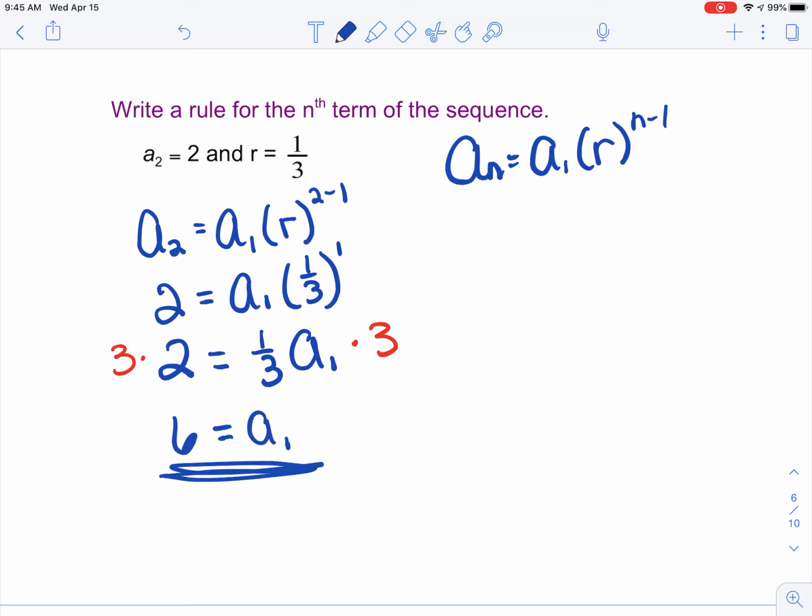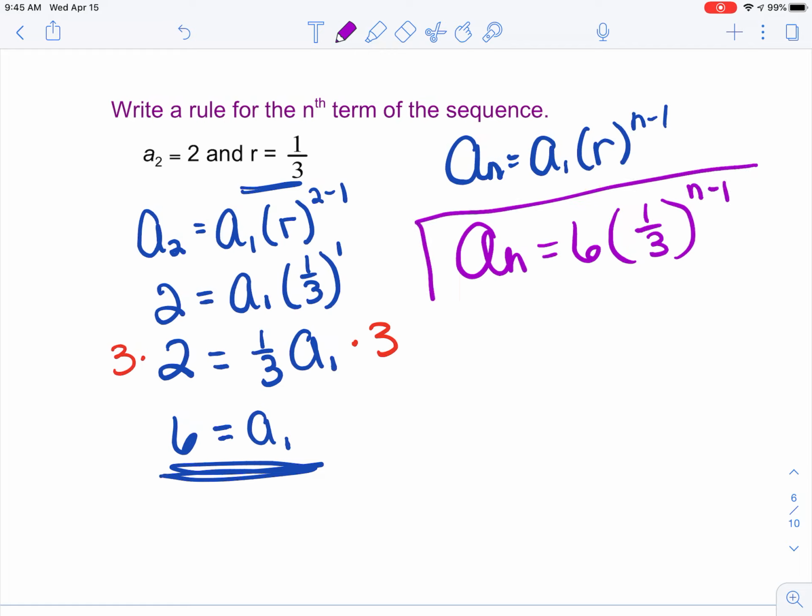So 6 equals my first term. Now I have my first term, I have my r, I can put it in my formula. A sub n equals 6 times 1/3 to the n minus 1. There we go.